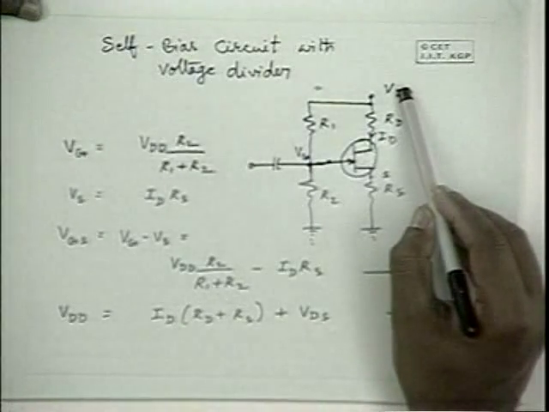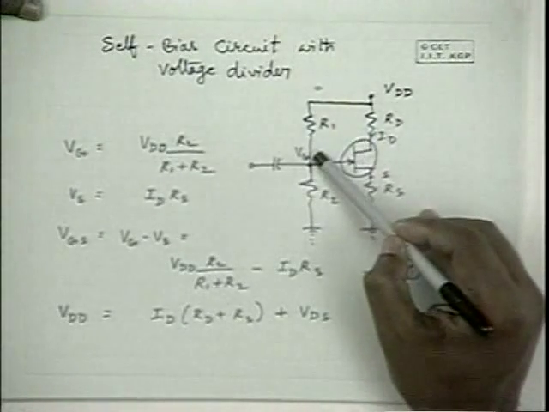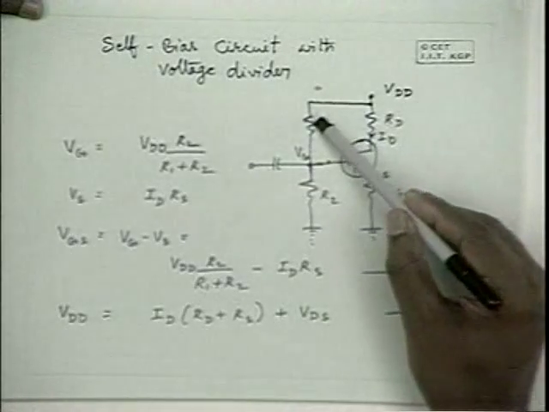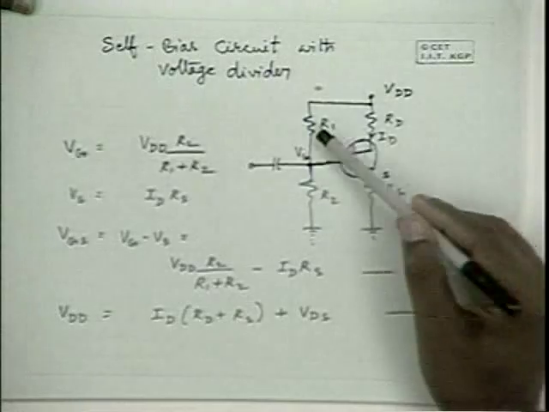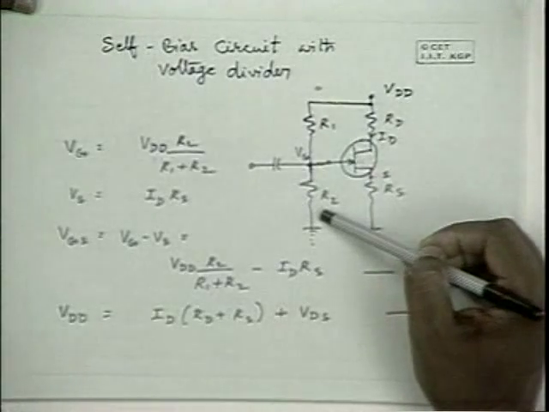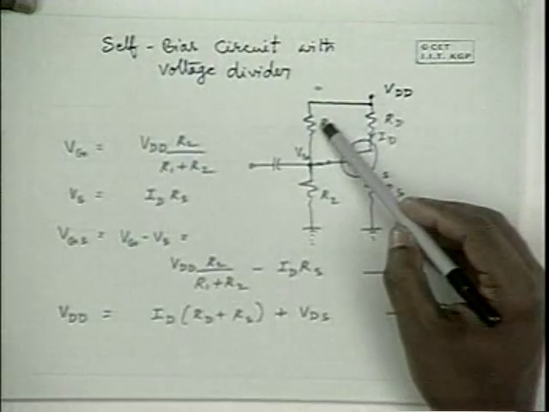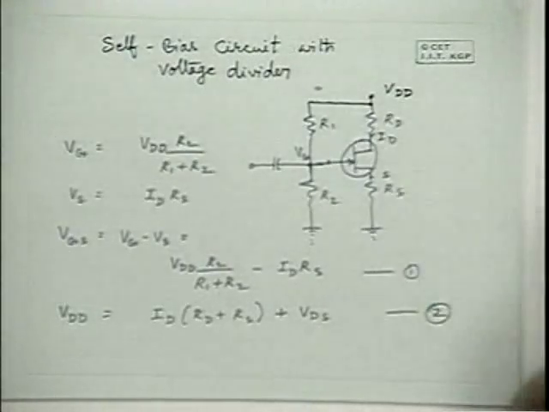There are different ways of providing it. That means there should be a voltage drop of 10 and a voltage drop of 2 volts. That means it can be a 5K and 1K. It can be 50K and 10K. It can be 25K and 5K. So different combinations are possible. You choose any combination and it works.